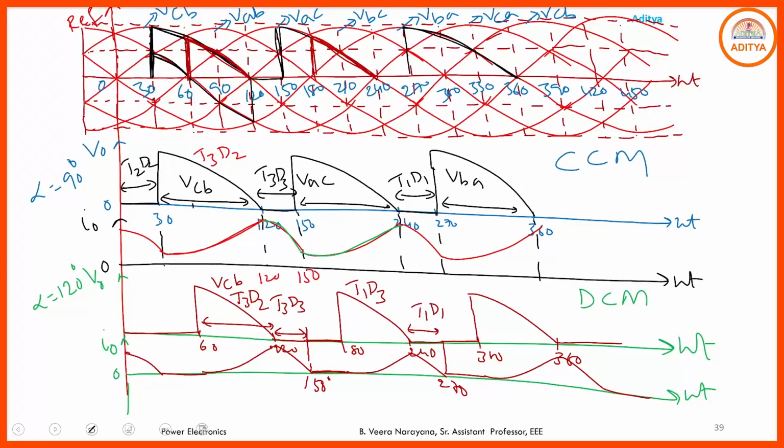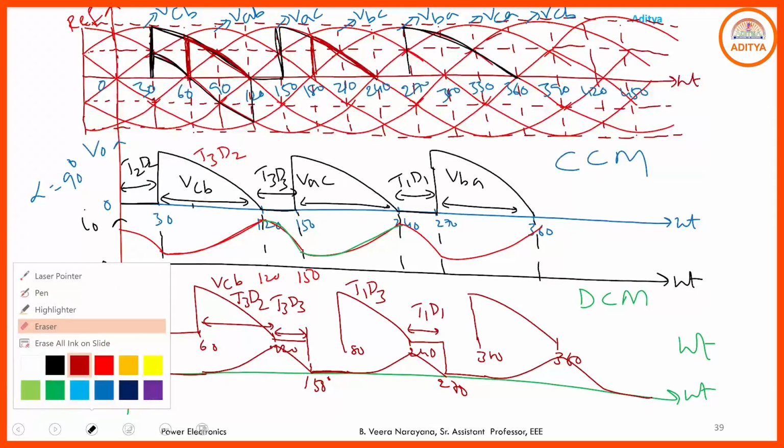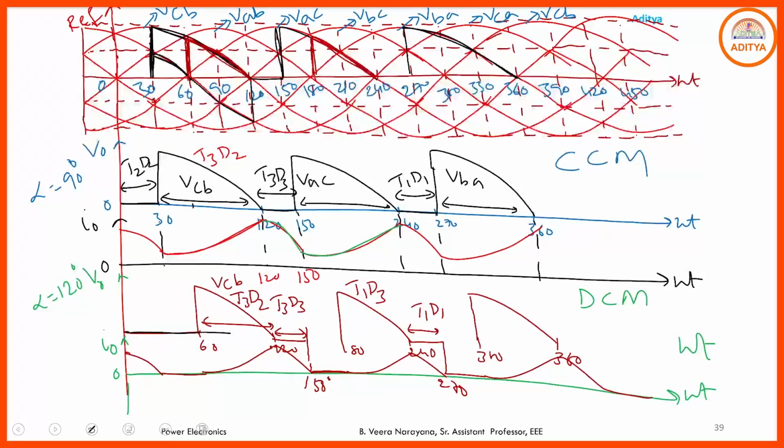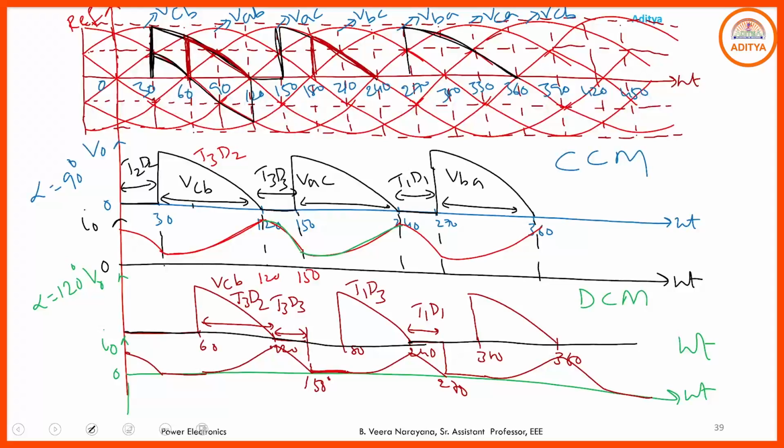Then the output voltage becomes here, yes, the output voltage where the output current is 0, in that portion the back EMF is coming into the picture, like this, and here also current 0 and here back EMF.